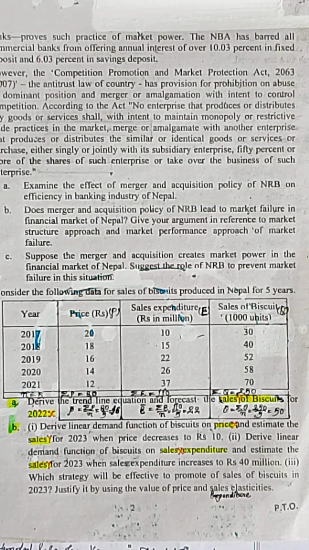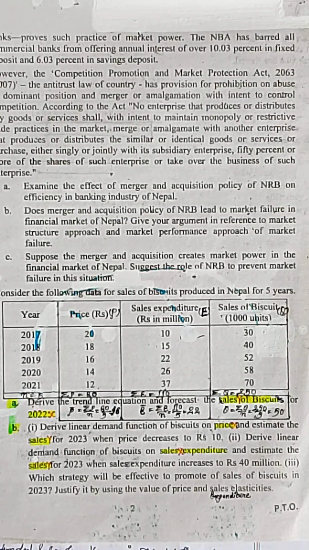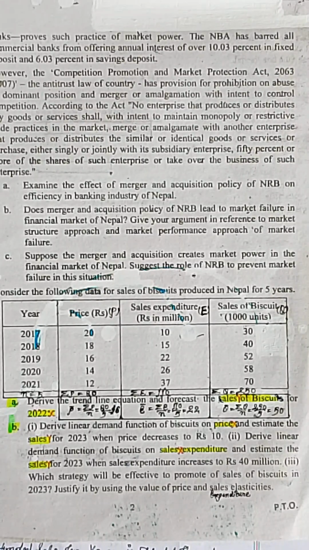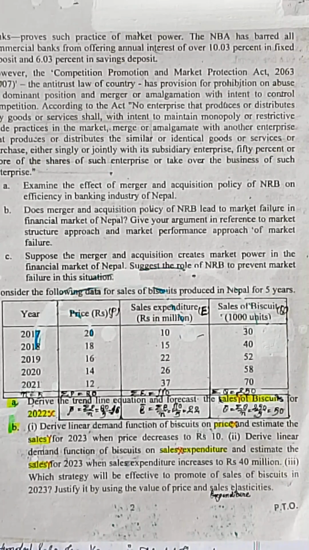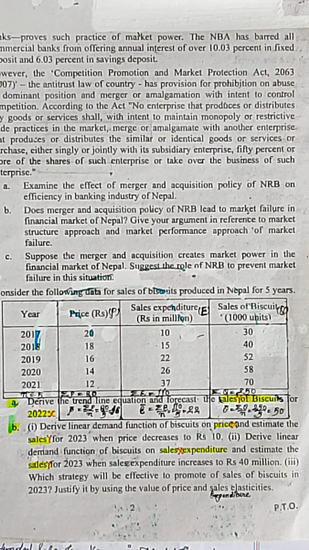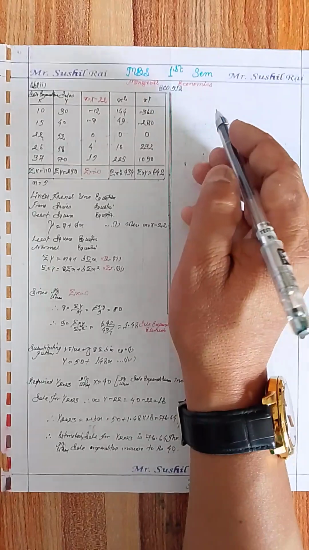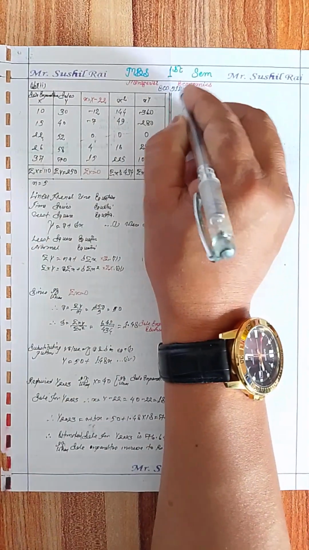Justify it by using the value of the price and sale expenditure elasticity. B I.